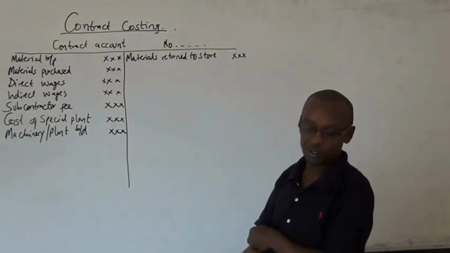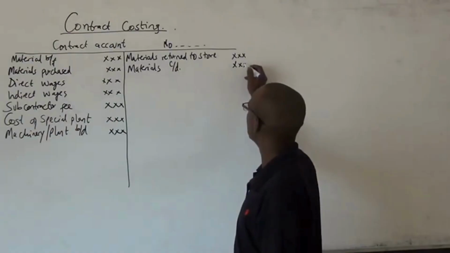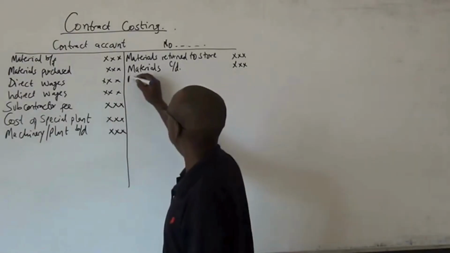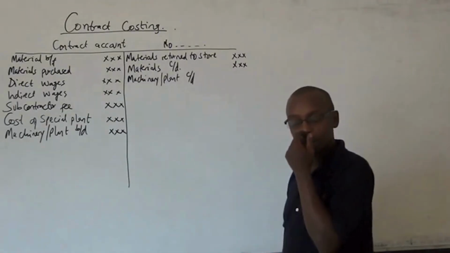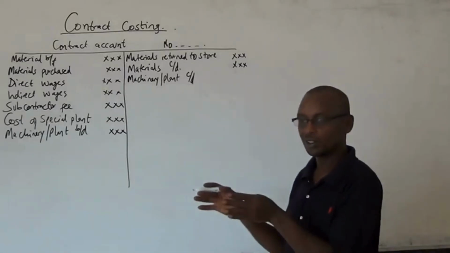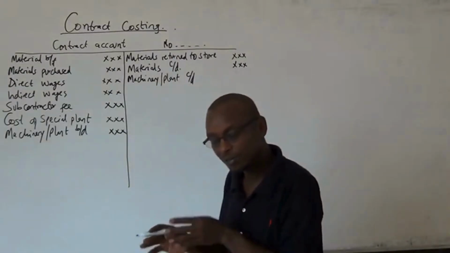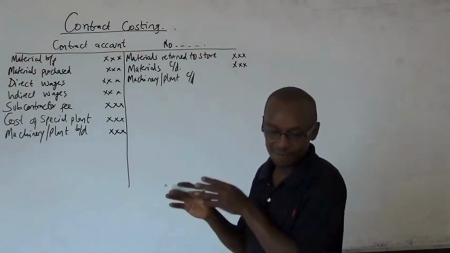Then there are some materials also which have remained, so add them here. Then our machinery or plant carried down. When we started the contract, we came with a machine, isn't it? Then we have used that machine and done a lot of work with it.